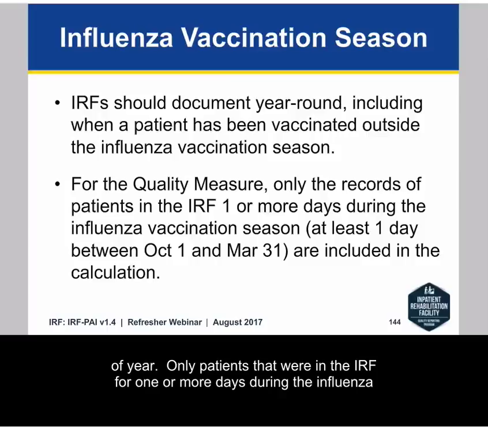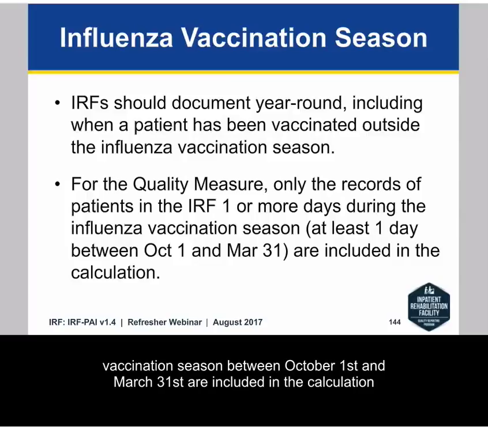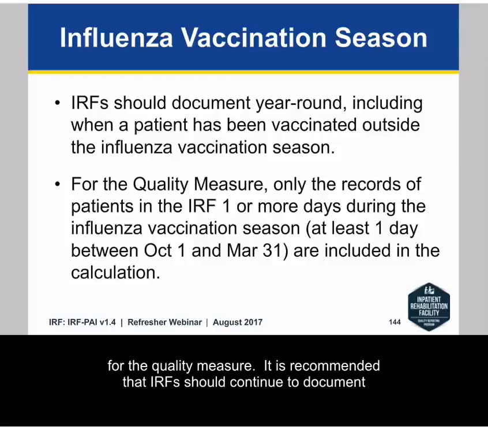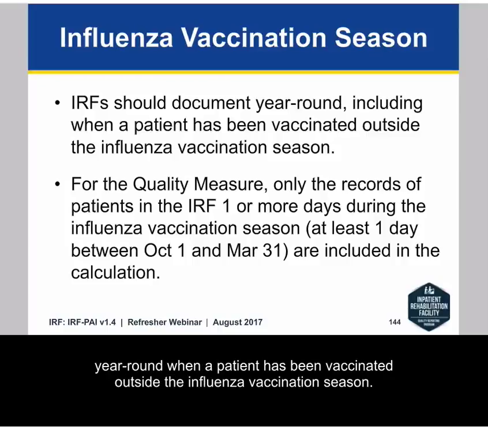Only patients that were in the IRF for 1 or more days during the influenza vaccination season between October 1st and March 31st are included in the calculation for the quality measure. It is recommended that IRF should continue to document year-round when a patient has been vaccinated outside the influenza vaccination season.